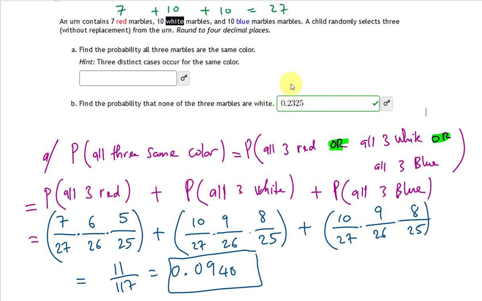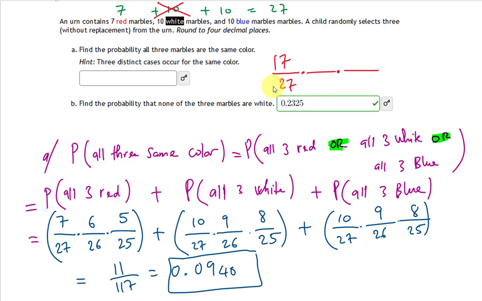Okay, part B. Find the probability that none of them are white. So you have again 3 marbles. 27 is the total. Now you don't want the white, right? So white is here, so cross it out. So you have a total of 10 blue and 17 red. So the first marble you can have 17 out of 27.